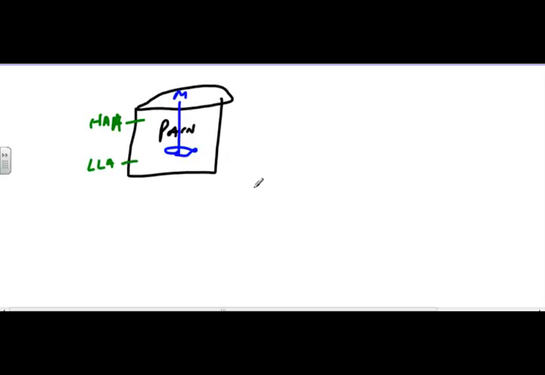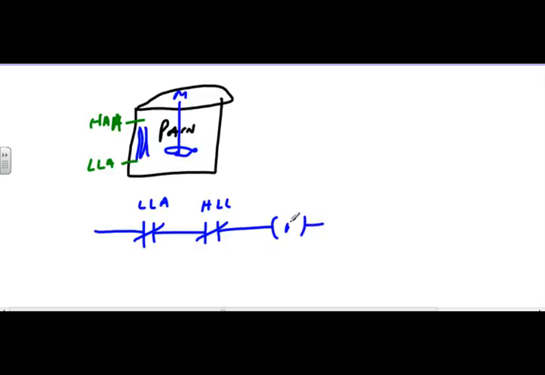When do I want the motor to go roundy-roundy? Okay, so I don't want the low-level alarm. If I have the low-level alarm, I don't want the pump to go on. I don't want the high-level alarm. So I want to be between low-level and high-level, and I'm going to turn on the pump motor.